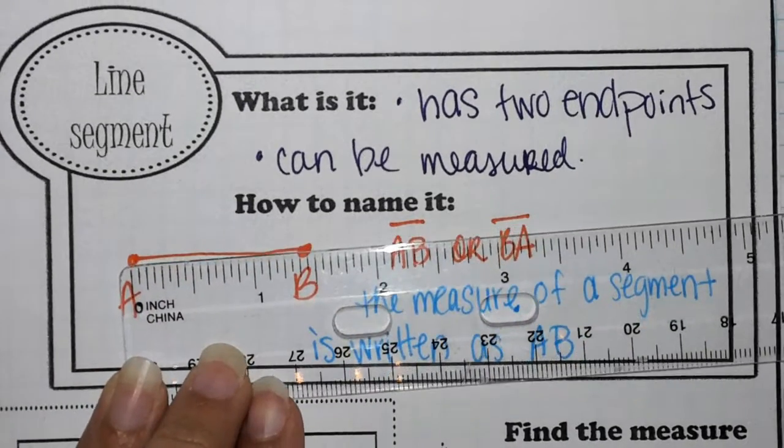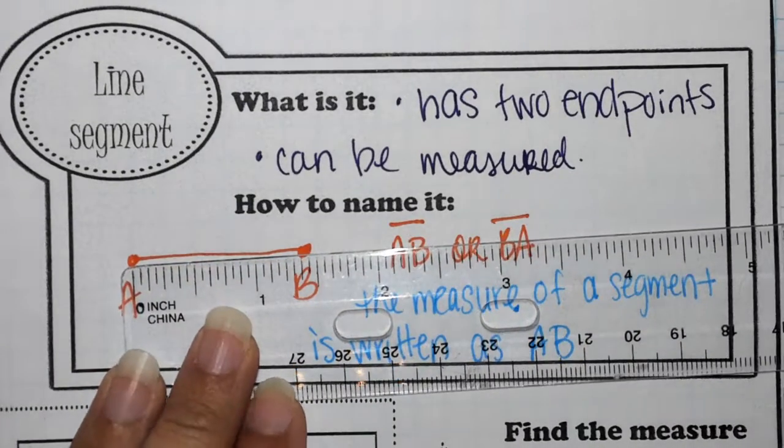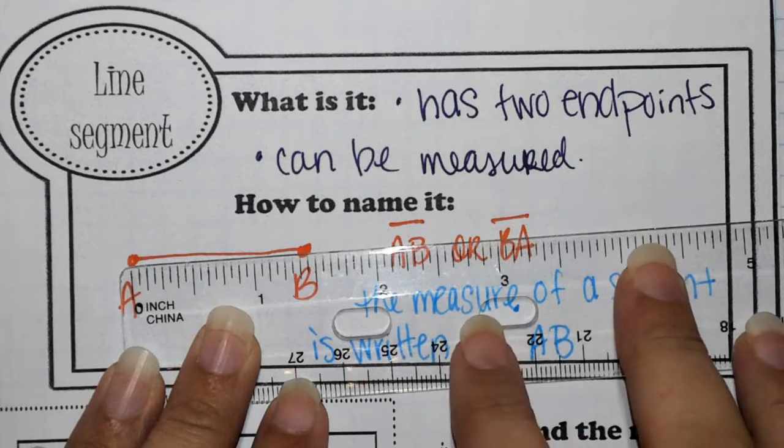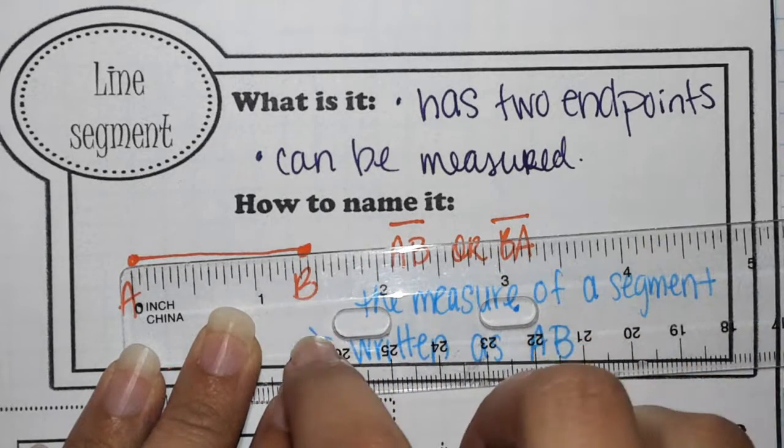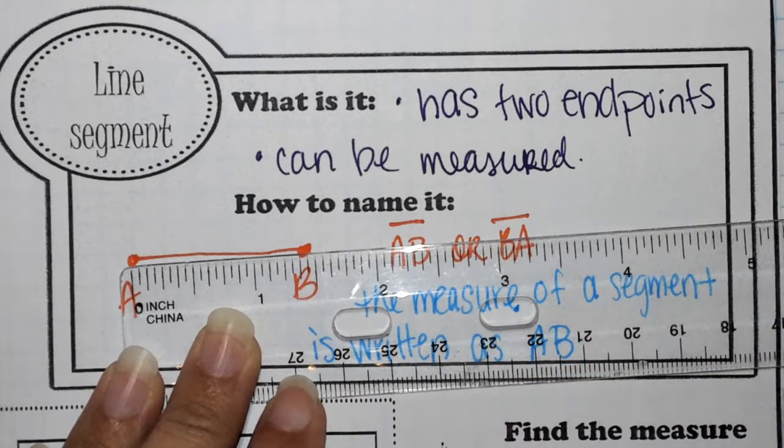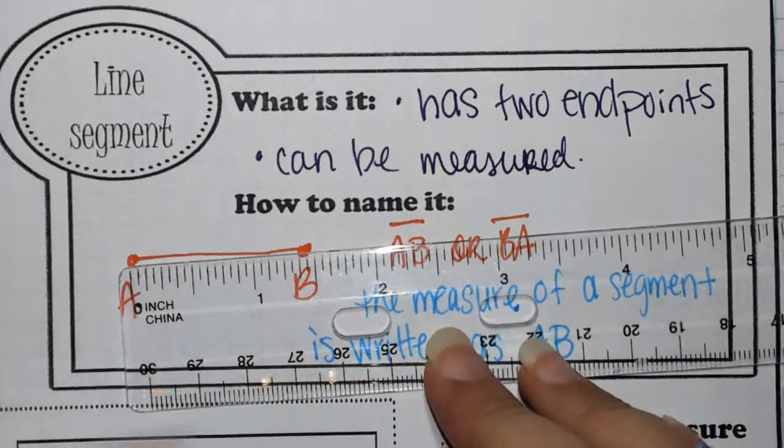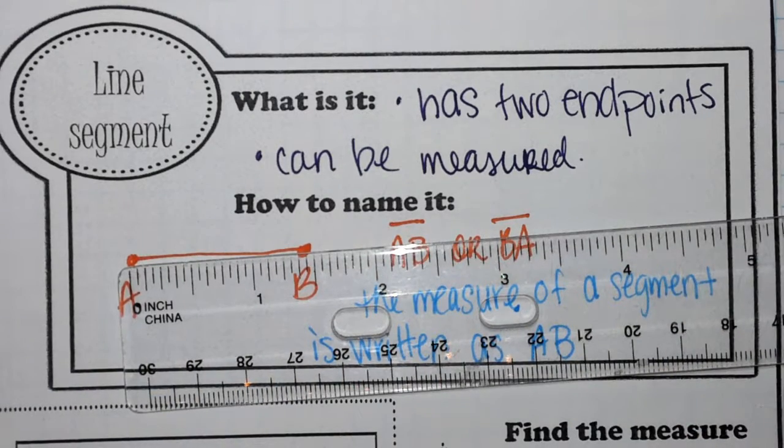Do you guys know how to measure stuff? Like, you know what the tick marks mean? Most of them are by 16ths, so do I need to show you?